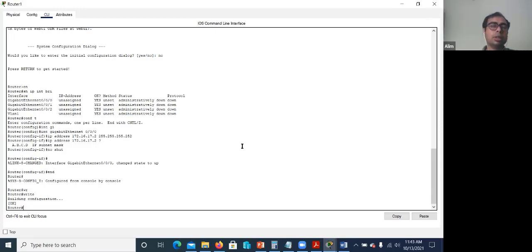The startup configuration is saved in the router's ROM, and that is permanent. Remember it, because sometimes you configure everything but fail to save it, and when someone reboots the router, you will not find the configuration.